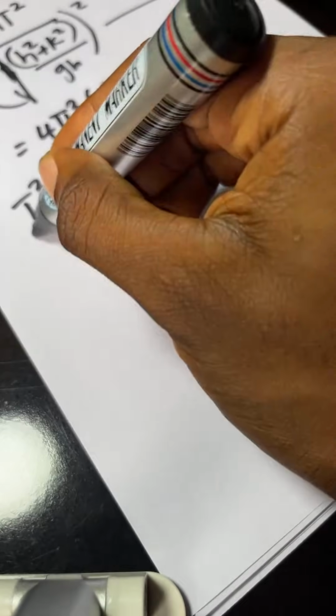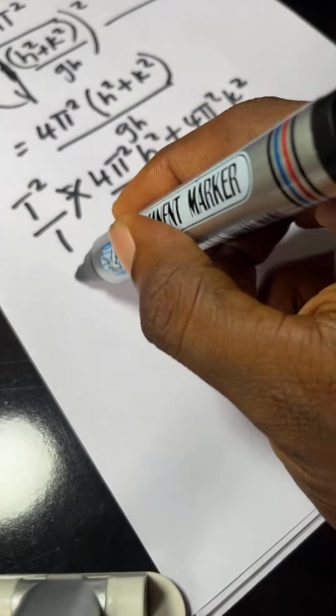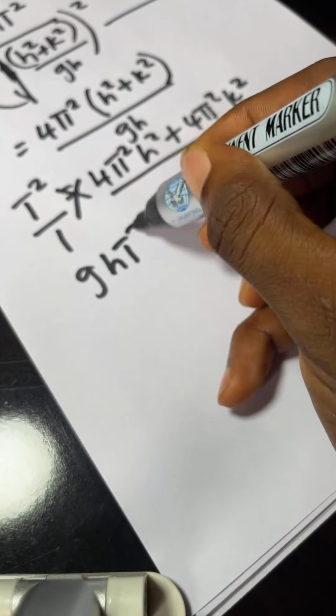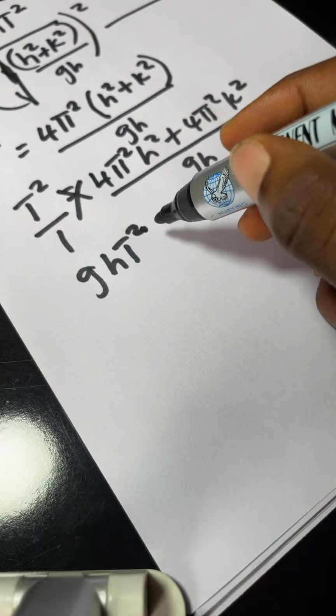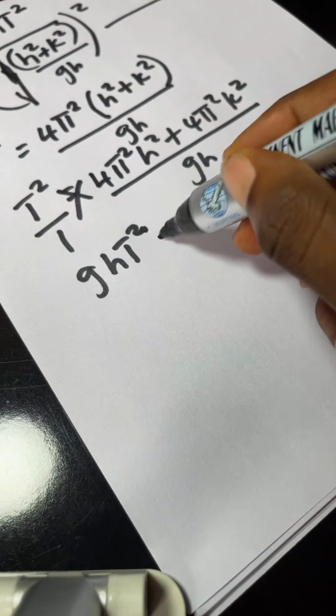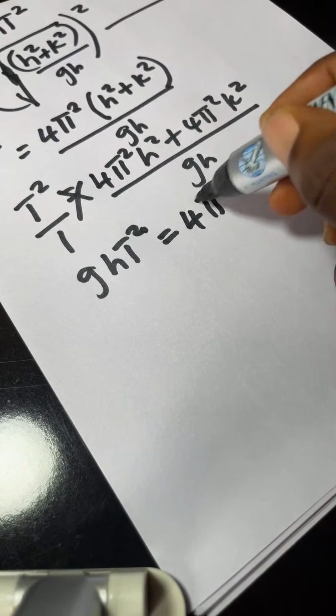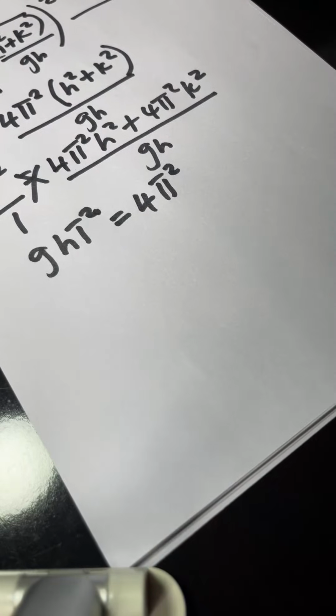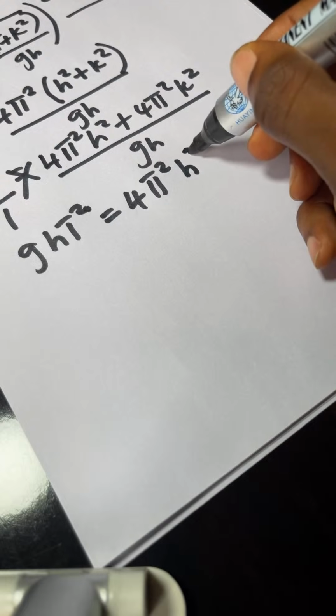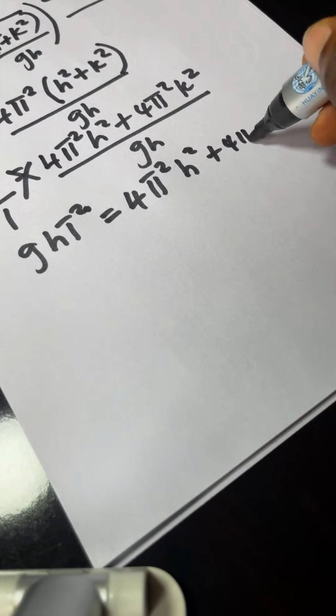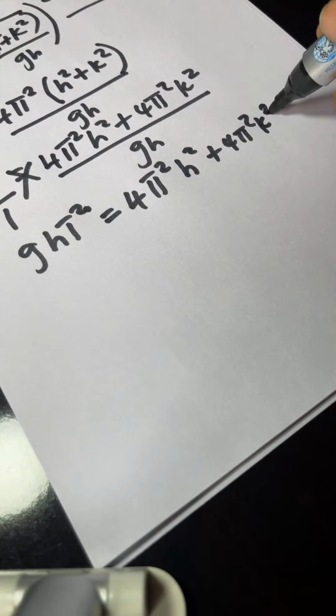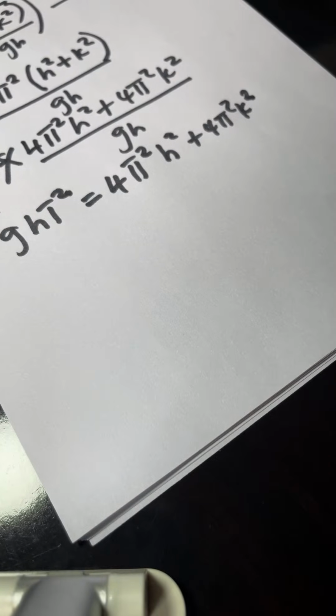So therefore, we cross multiply. GHT square is equal to 4 pi square h square plus 4 pi square k square. I'm coming down to solve this so that I want everybody to follow. Now, what are we making subject of formula?